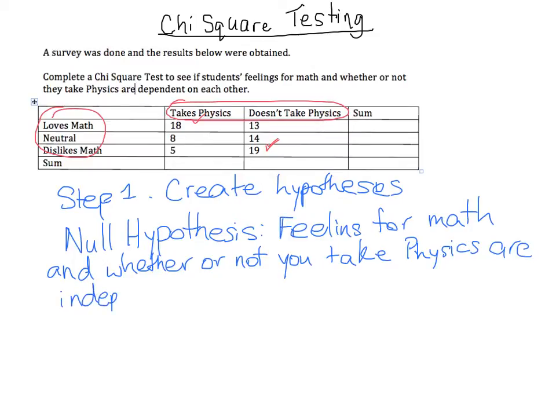So that's my null hypothesis, that the two variables are independent. I forgot to tell you that this is also called H0. So the null hypothesis, which is H0 for short, is that they're independent. My alternative, which is called H1 for short, states that the two things are dependent on each other.